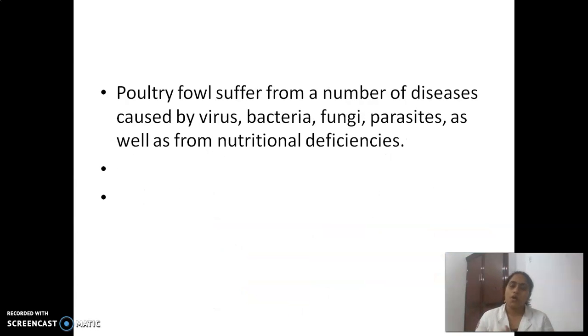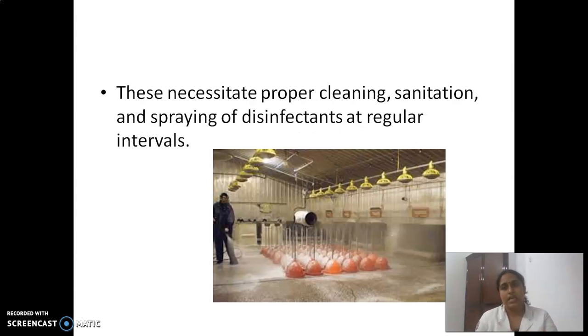Okay, so poultry fowl suffer from a number of diseases caused by virus, bacteria, fungi, parasites, as well as from nutritional deficiencies. So that's why it is necessary to do proper cleaning, sanitation and spraying of disinfectants at regular intervals. So it is a must.